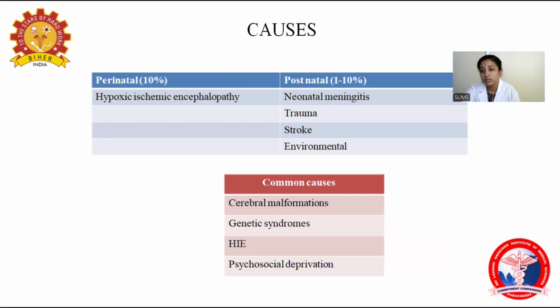Postnatal causes account for 1 to 10% of the causes, and may be due to neonatal meningitis, trauma, stroke, or environmental causes. The most common causes are cerebral malformations, genetic syndromes, HIE, and psychosocial deprivation.